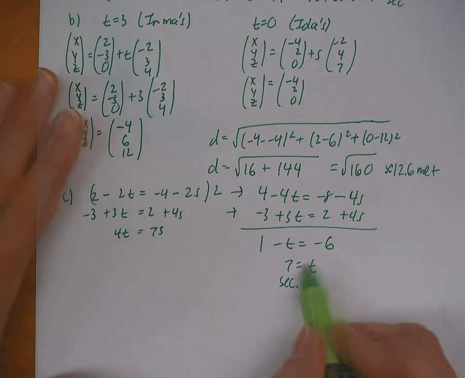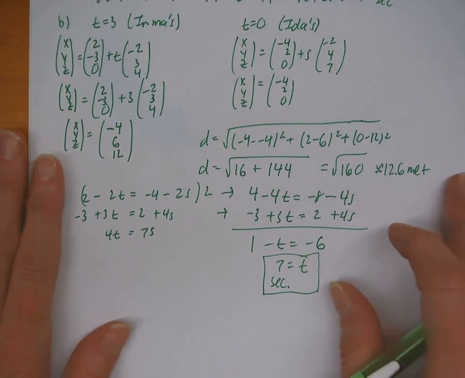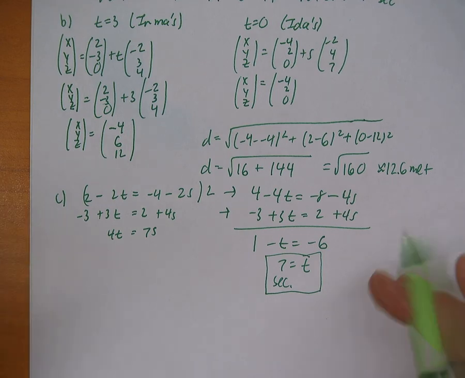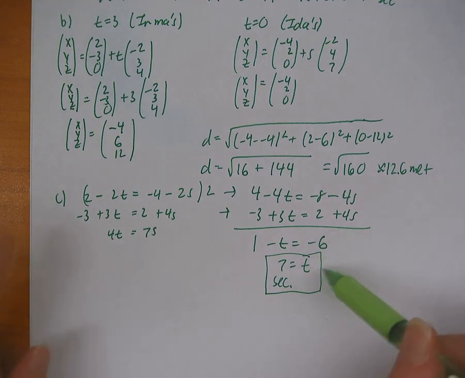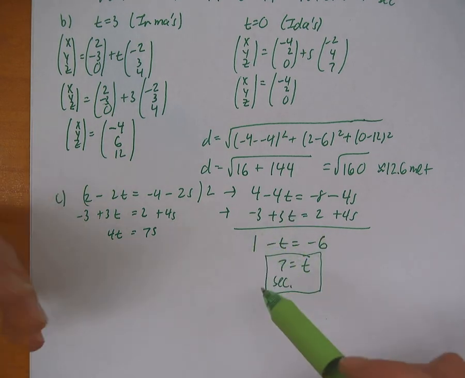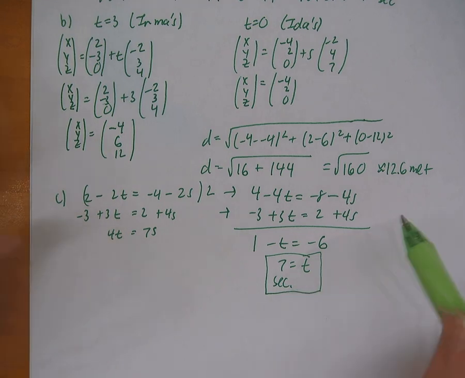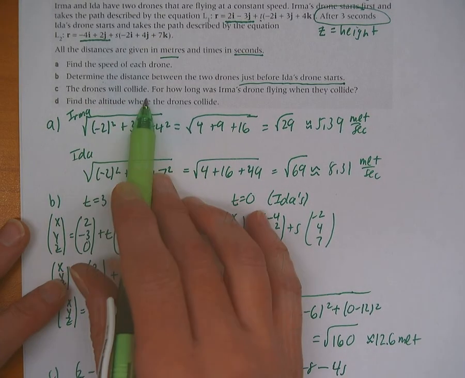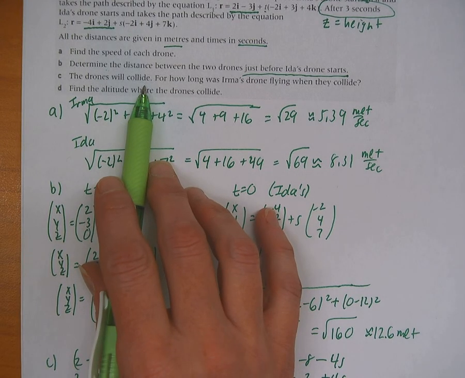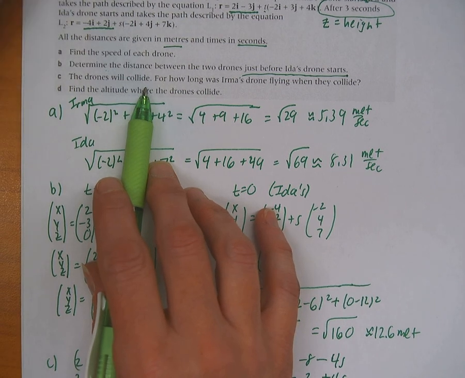Now, normally, when they give us two three-dimensional vector equations, we have to find the t and the s and plug them in to make sure that the x, y, and z are all equal. The reason we don't have to do that here is because they tell us they collide. They're not asking us to determine if they collide, they're saying that they do. So we can work on that assumption.